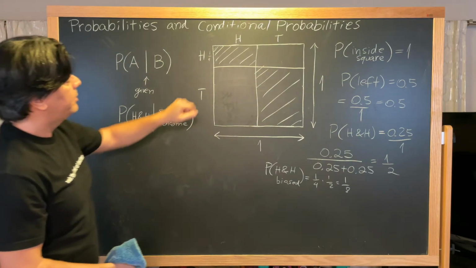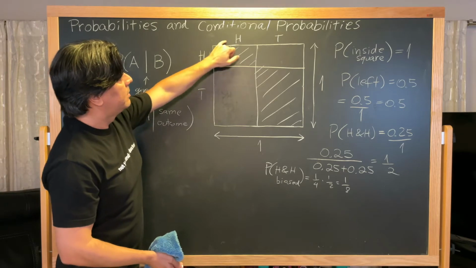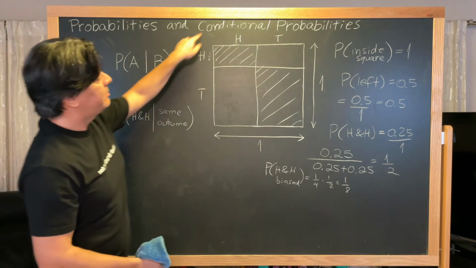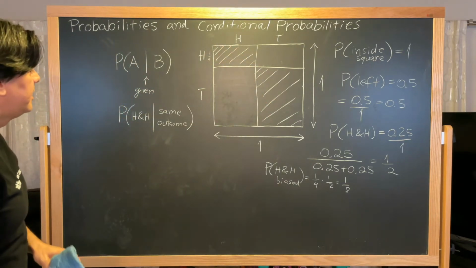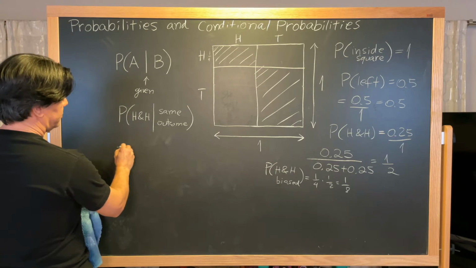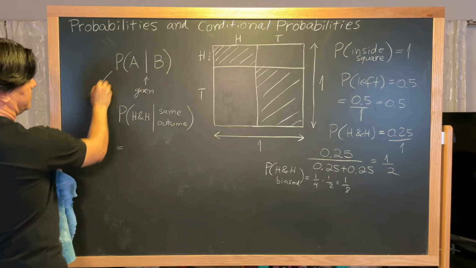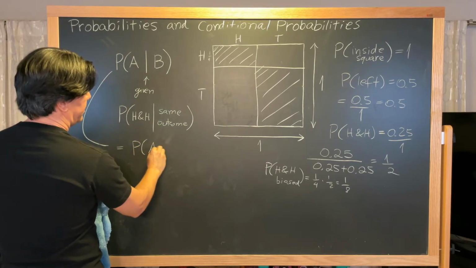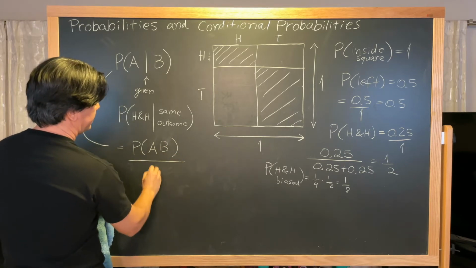And then I figure out what is the chance of the event that I want, right? And then I divide that by the whole thing. So this is the idea. And that gets you the formula that you might have seen in class, which is you transform this into what is the chance that A and B happened, and you divide that by the chance of B.